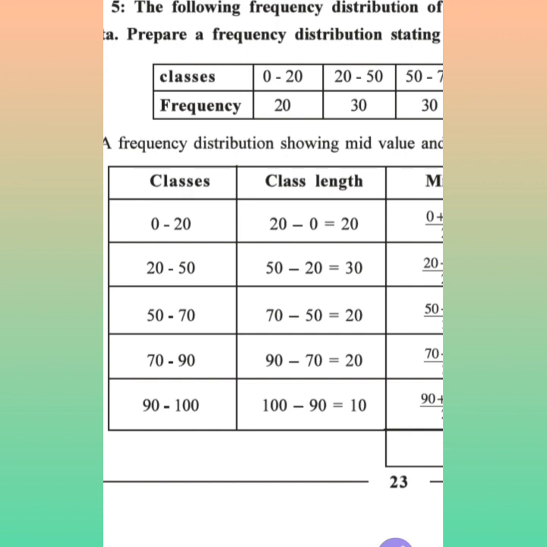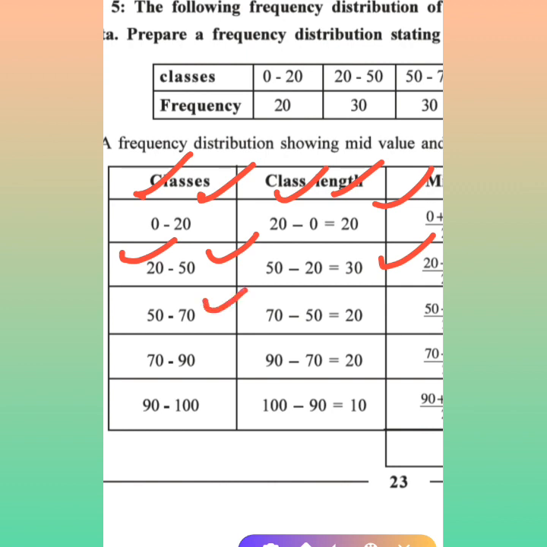So see over here, children, we need to find the class length for each and every class. The first class, that is 0 to 20, is 20 minus 0, which is 20. So the class length for the first class is 20. Similarly, 50 minus 20 will give you 30.